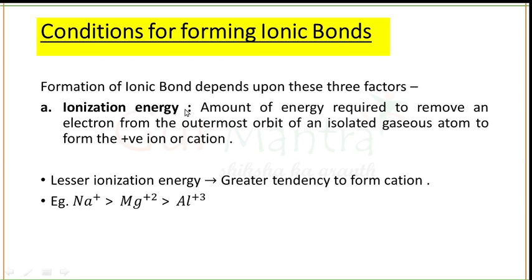And when you remove an electron, your atom gains a positive sign, or becomes a positive ion, that is known as cation. As the ionization energy decreases, there is the greatest tendency to form the cation. This is very important, as you can see in this particular example.